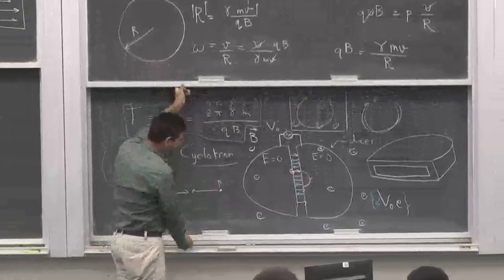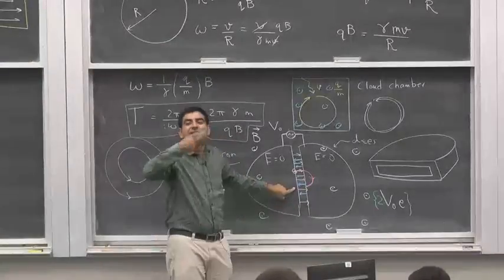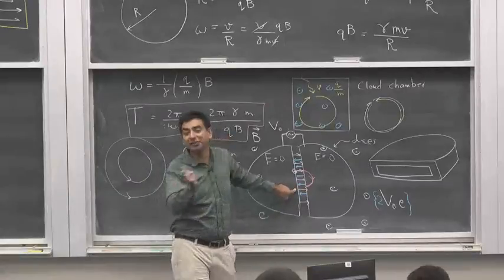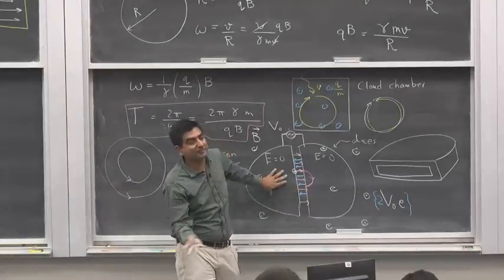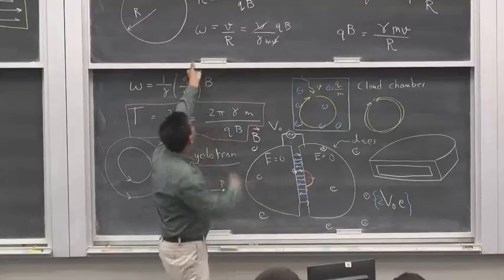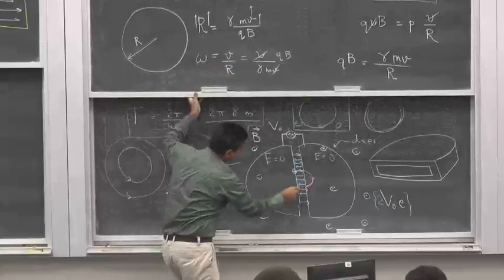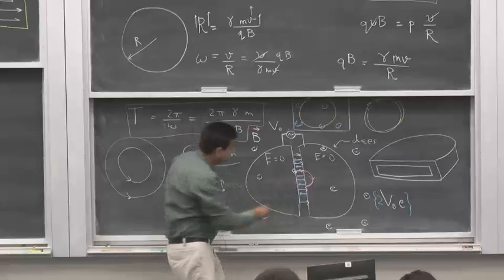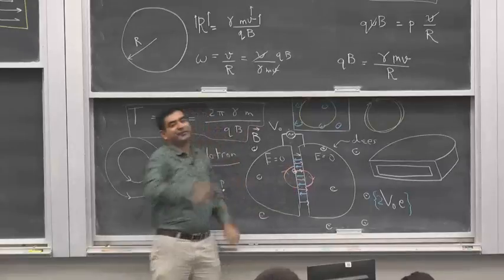So what's going to happen now is that when the particle has taken an additional injection of energy from the electric field, it enters this region where there is no electric field, but there is a magnetic field. And now in the presence of this magnetic field, a new radius is produced. So the particle goes into a new trajectory with an increased radius.